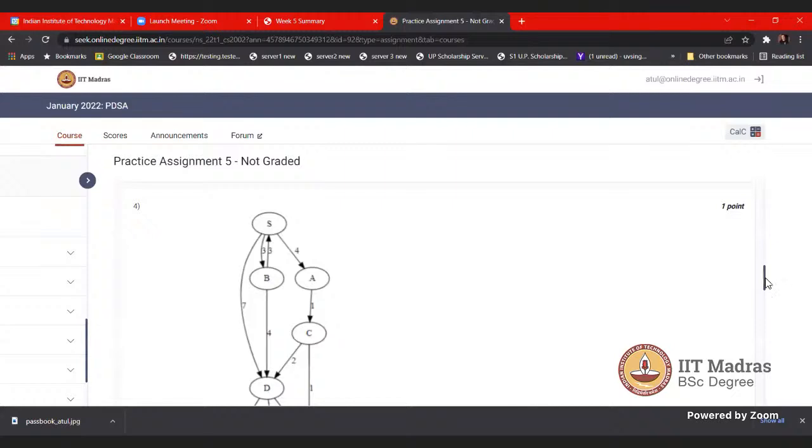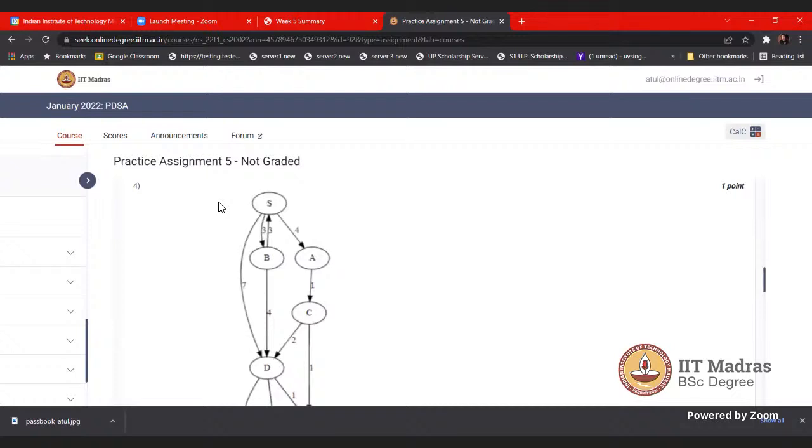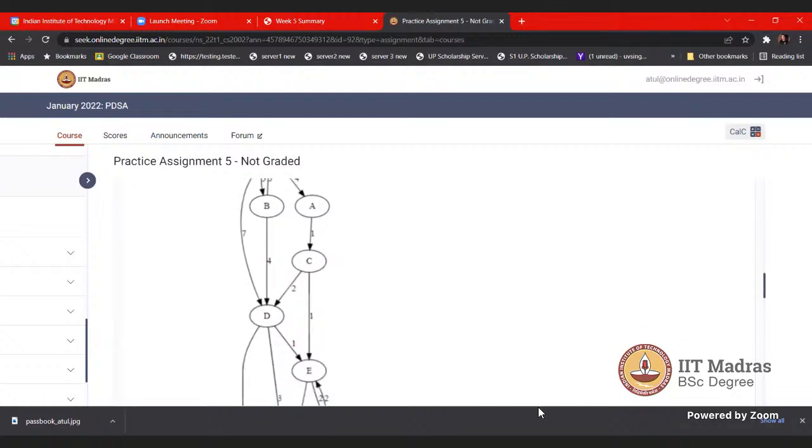So this is a graph. I think this is a big graph. Just wait, I'm copying this graph.